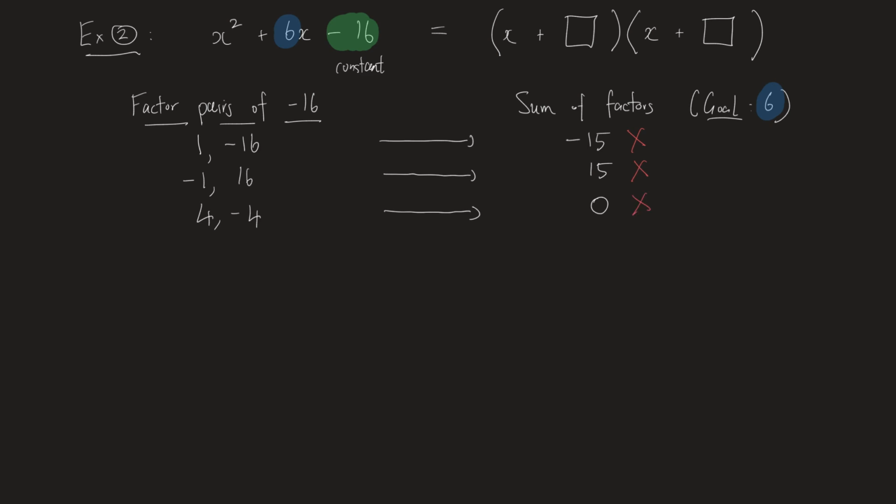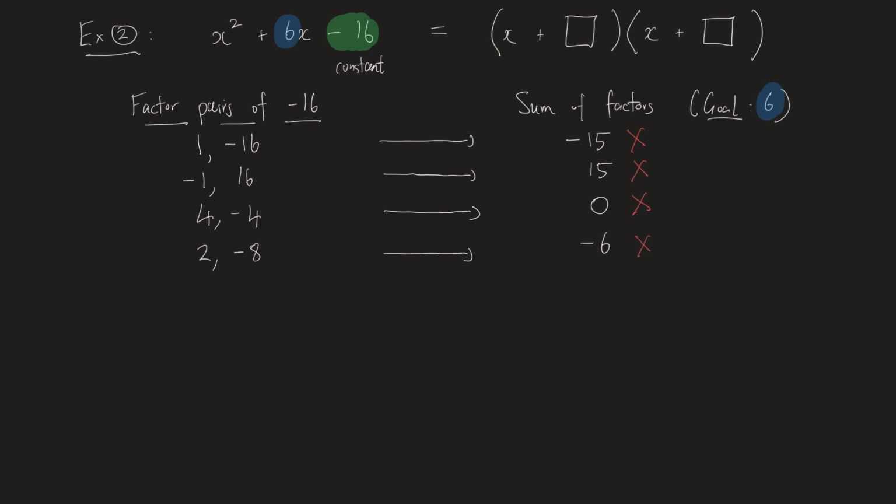That's not right. If I'm methodical, hopefully I will eventually find a sum of 6. Starting to run out of ideas, but I know that 2 and negative 8 multiply to negative 16, but they sum to negative 6, very close, not quite right.